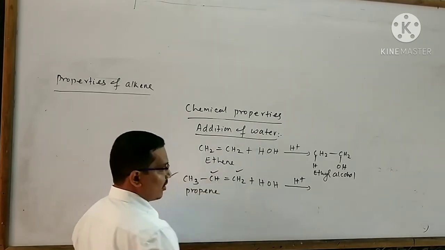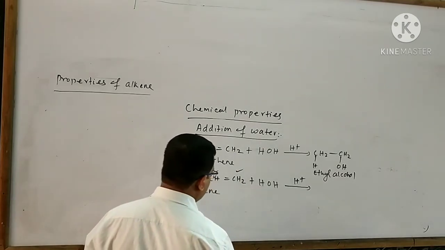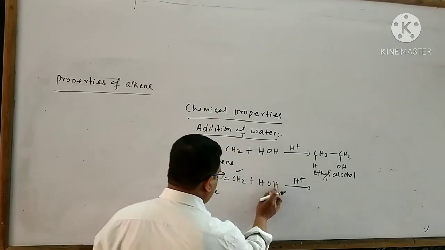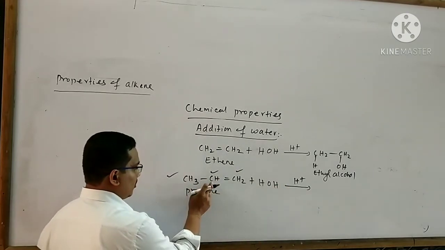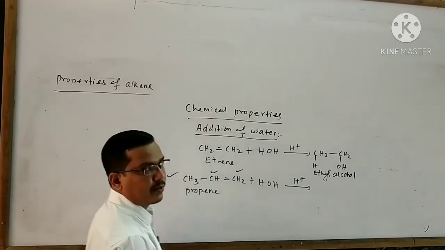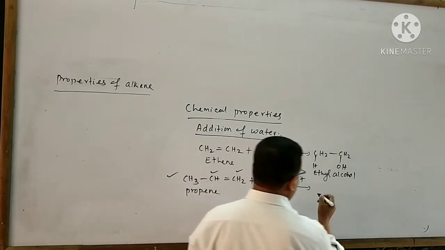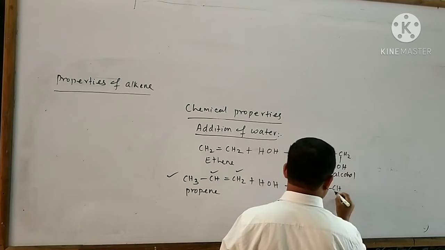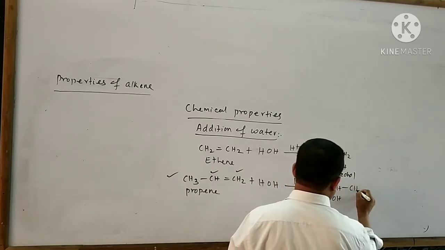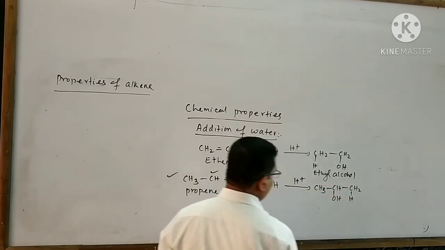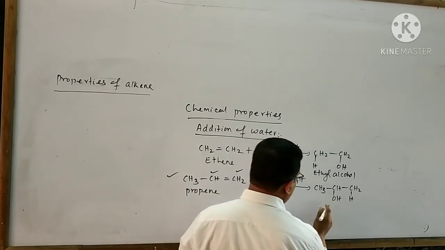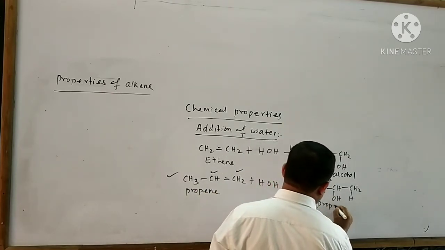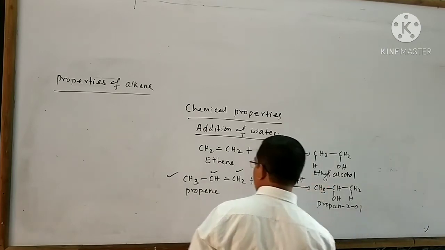So this carbon atom has less number of hydrogen atoms. So the negative part, OH minus ion, will attach to this carbon atom and form the product. So I can write the product like this: CH3 bond CH bond OH bond CH2 bond H. The name of this product is said to be propan-2-ol.